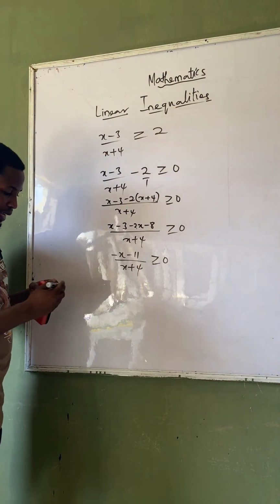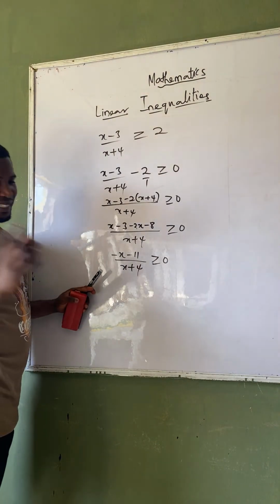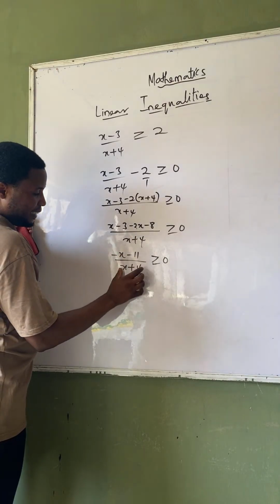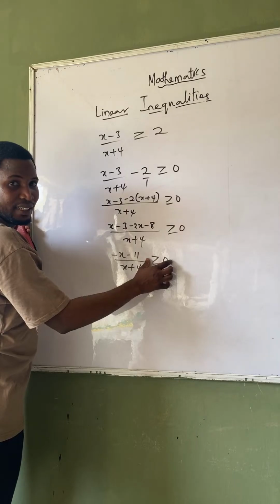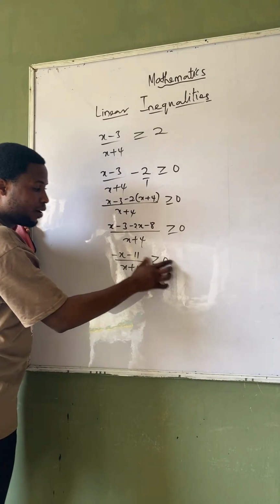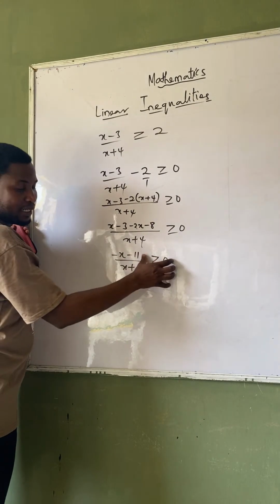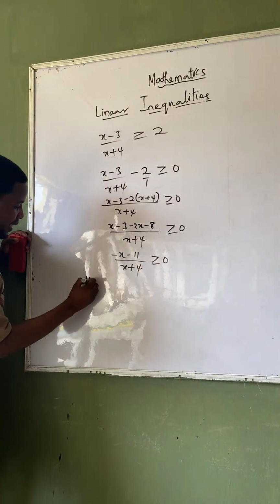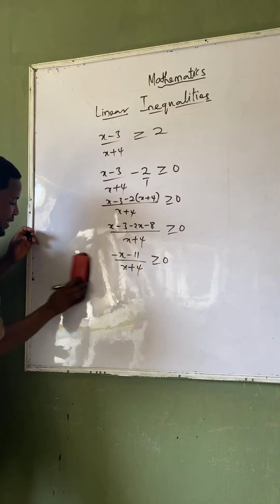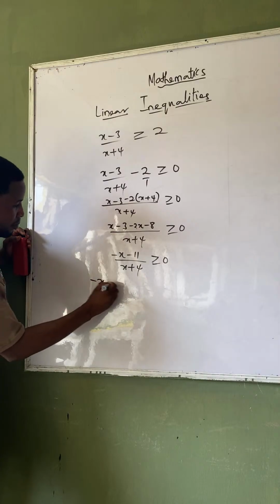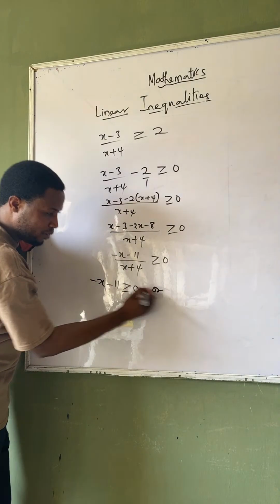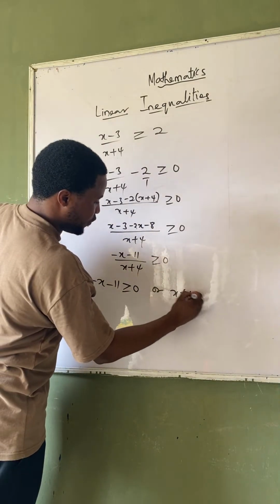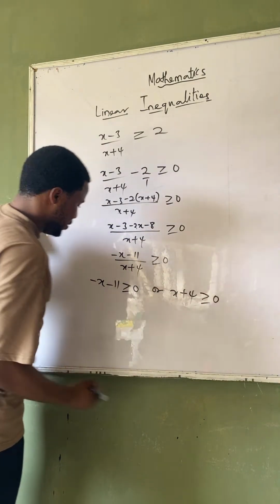Don't cross multiply. It only means that this guy is greater than this, or this guy is also greater than this. So that means I have minus x minus 11 greater than or equal to 0, or x plus 4 greater than or equal to 0.